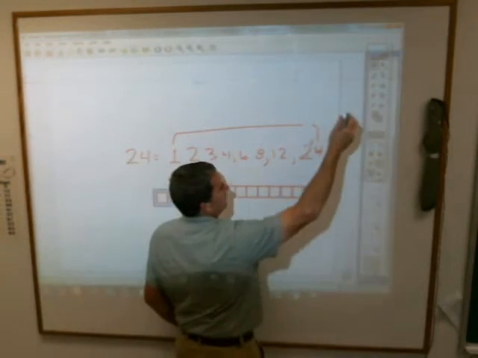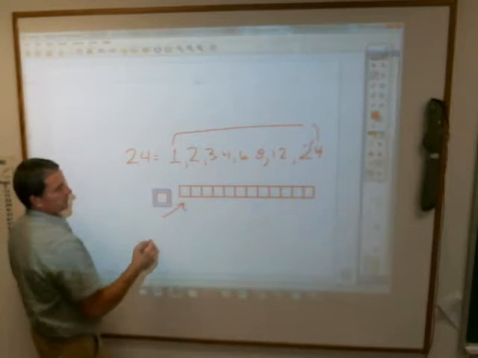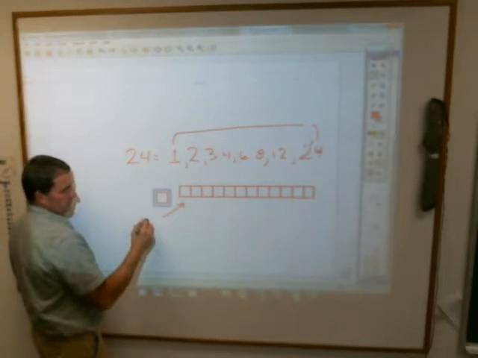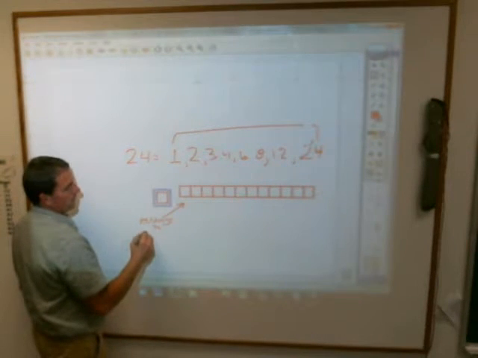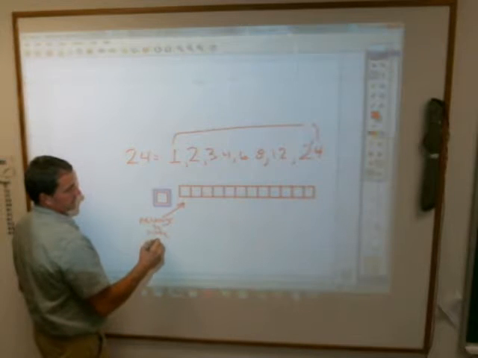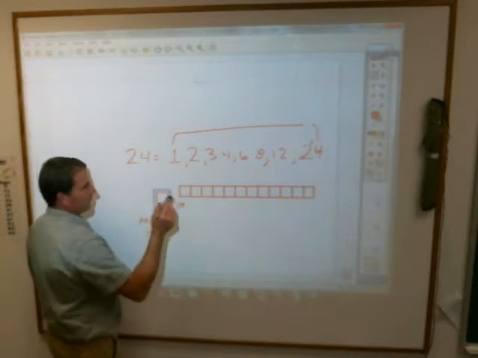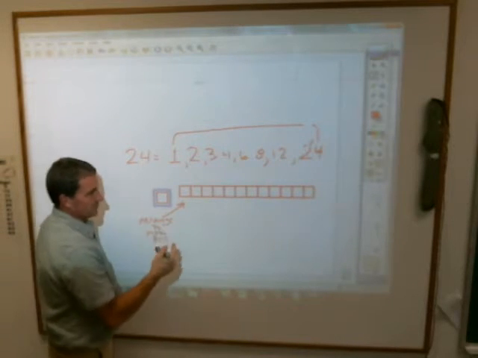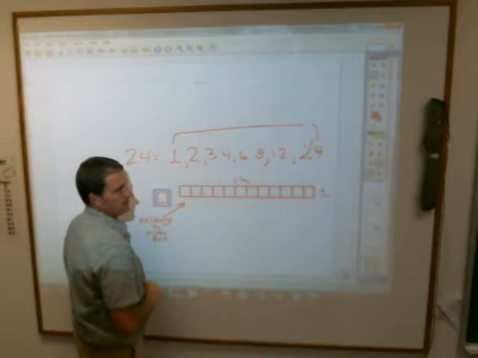What you're doing when you find factors is you are thinking of the different ways that you can arrange those squares to make other rectangles. If I'm looking for the factors of 12, the obvious way is to make it a 1 by 12 rectangle.